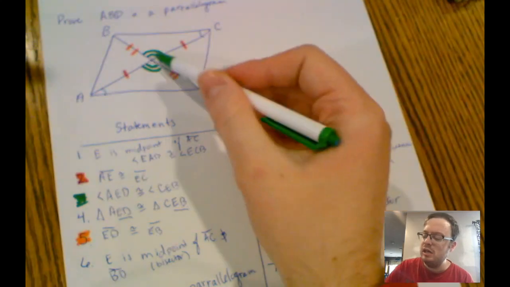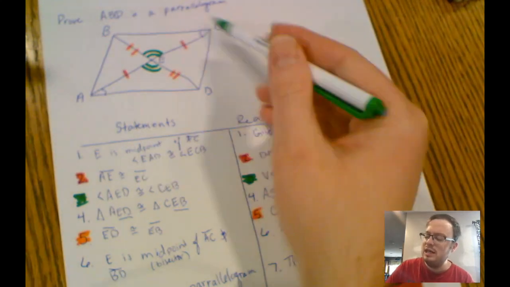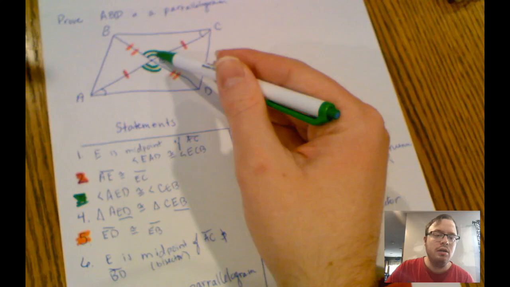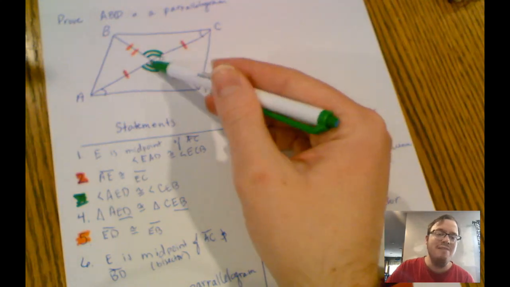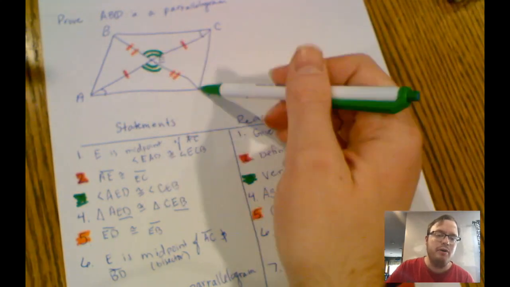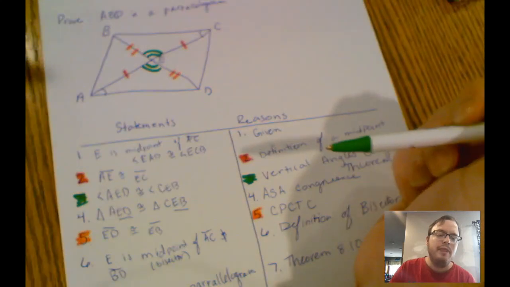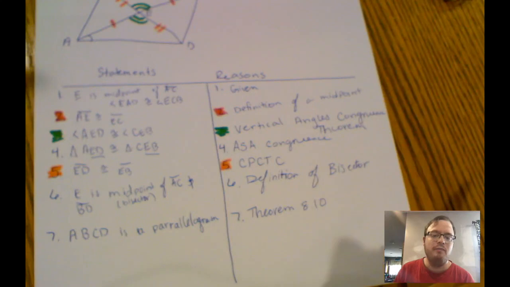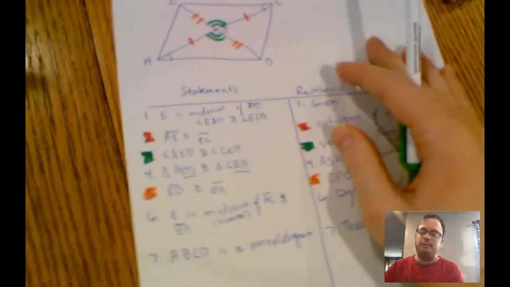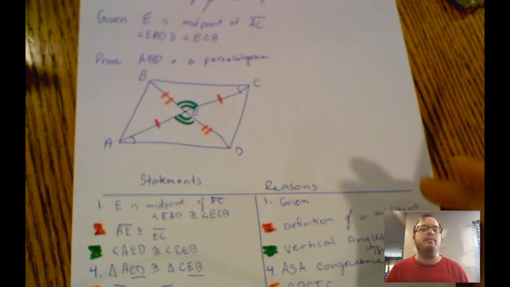Because both diagonals BD and AC meet at point E, and point E bisects both, that tells me that it is a parallelogram. That was theorem 8.10. So this told me that ABCD is a parallelogram. So we got our proof done. That is 7 steps.